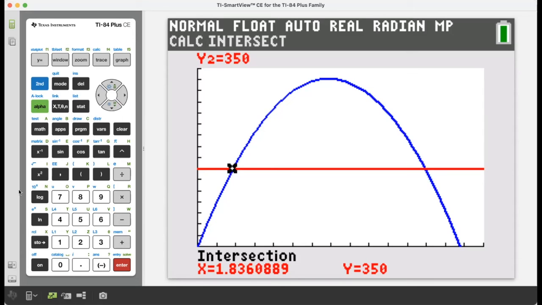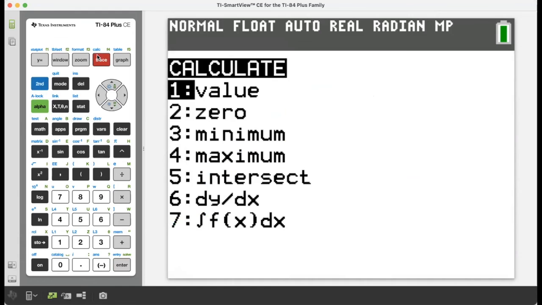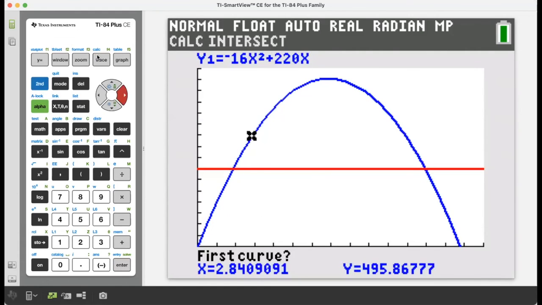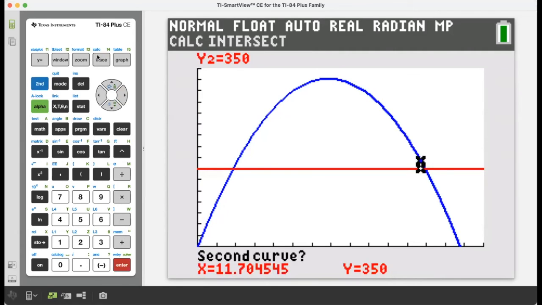If we want the other intersection point, it's the same steps. Second, calc, 5. Now I want to travel all the way closer to the other intersection point. Otherwise, it is just going to give me the same answer as before if I just hit enter 3 times. And then I hit enter, 1, 2, 3, and I get my other result of 11.9.